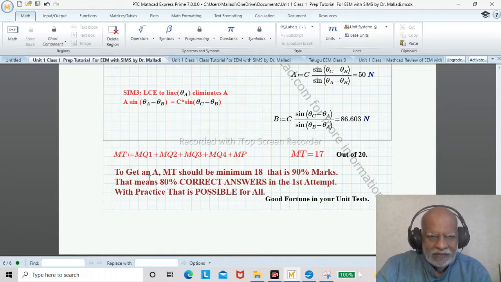To get an A in the final examination, marks total should be minimum 18, that is 90% marks. All right, so that means you have to get 80% correct answers in the first attempt. Then you earn 10 points by correcting yourself using the hints. So it comes to total 90. So with practice that is possible for all.